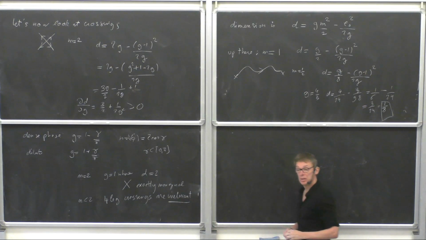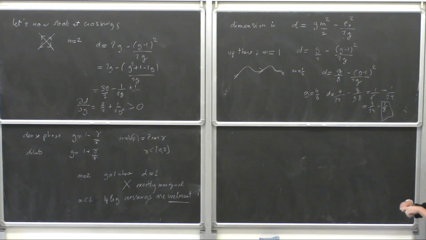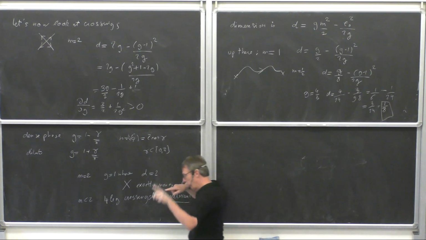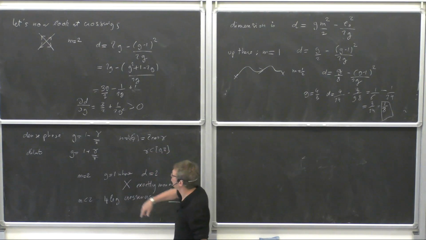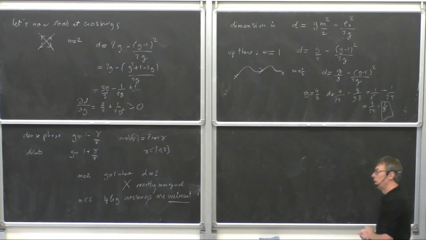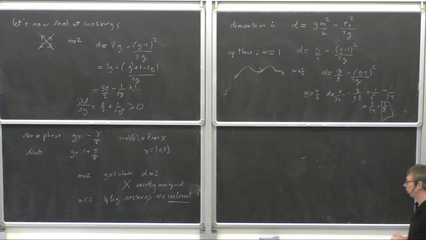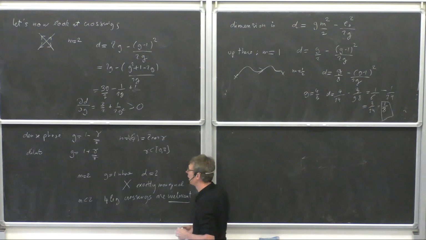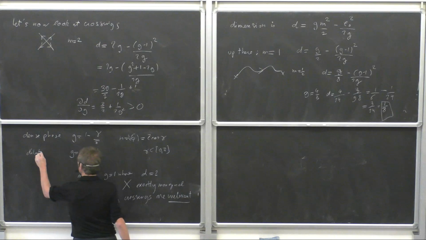It's not so easy. For instance, you can take a self-avoiding walk and then decide to allow it to cross itself at four-leg crossings, and you have to check that the exponents don't depend on the fugacity of these crossings, and that's true. Not so easy to check numerically, but it's true.